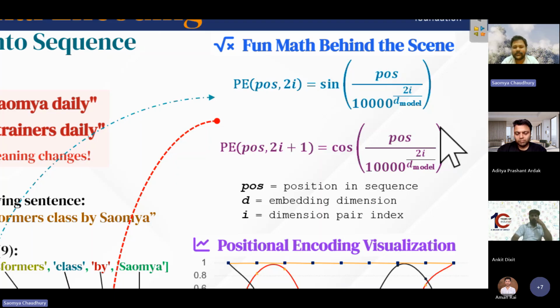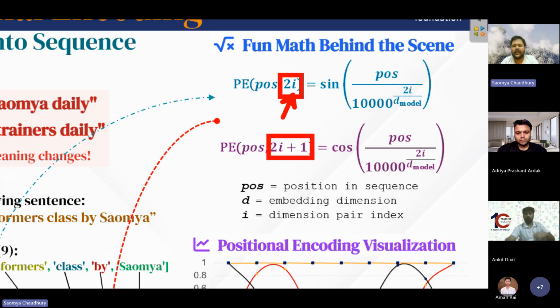Let me tell you one more thing. You can see there is 2i here, or forget about the number 2 for some time and take this as i. You have 2i plus 1. Where have you seen this reference? It represents the odd and even contextual understanding.